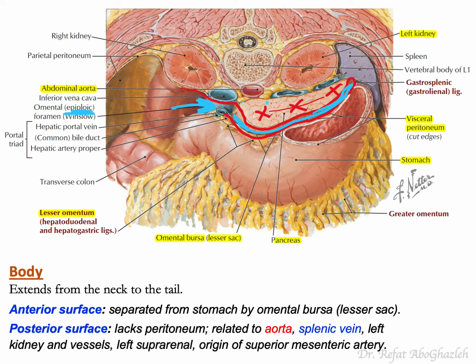There is no peritoneum here, but it's related to the aorta, the splenic vein, the left kidney, and of course above it the left suprarenal gland, and I would say the origin of the superior mesenteric artery. So this is the body of the pancreas.